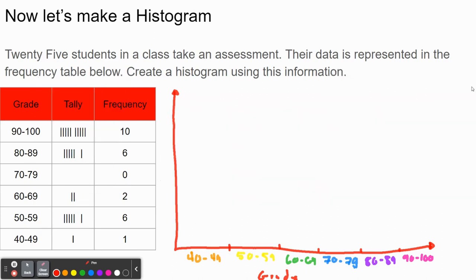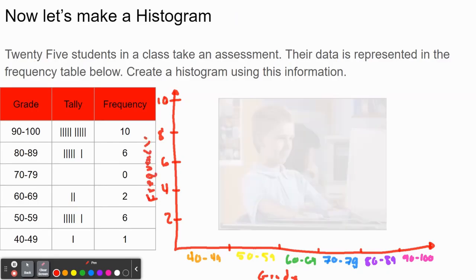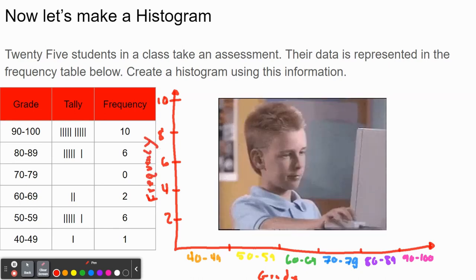So just to make things a little bit simpler, I'm going to go up by 2s, so that would be 2, 4, 6, 8, and 10, and you should probably label these, just so that you know what they're supposed to be. We should also over here write that this is going to be the frequency, which I'm attempting to write sideways and honestly didn't look that bad.